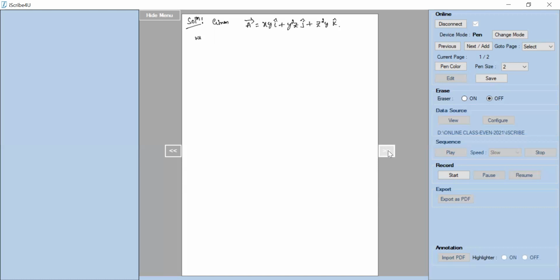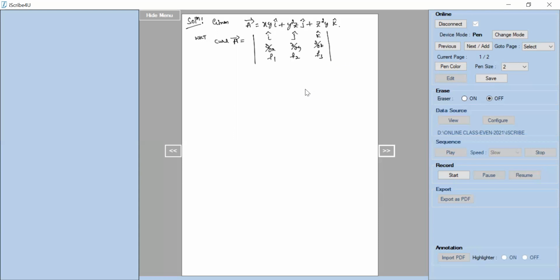So we know that the curl of a vector is defined as the determinant of i cap, j cap, k cap, ∂/∂x, ∂/∂y, ∂/∂z, f1, f2, f3. Where f1 stands for the i component, f2 stands for the j component, and f3 stands for the k component. So f1 is xy, f2 is y square z, and f3 is z square y.